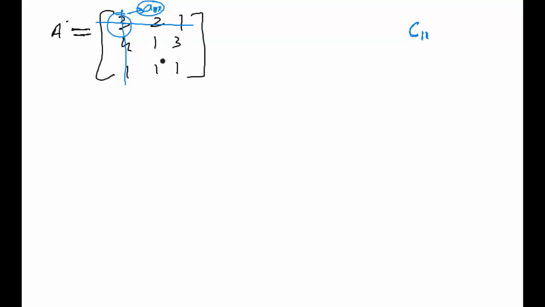So this comes out to be 1 minus 3, which is equal to minus 2. Right, now what will happen to other values? There will be C12. C12 implies I am talking about first row second element, right? So if I look at this, I will forget about second column and first row, and I will be left with 4 into 1 minus 1 into 3, which is equal to 1, right?